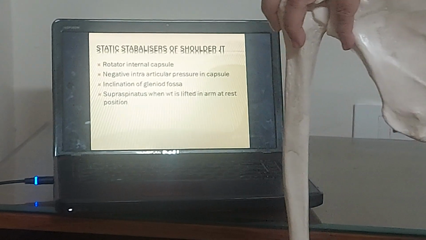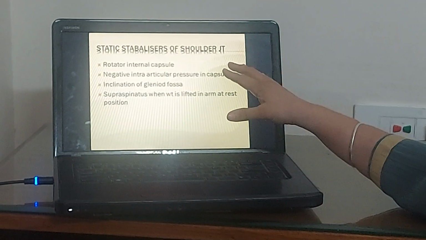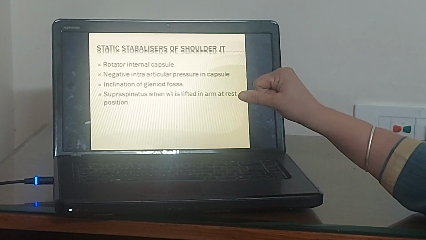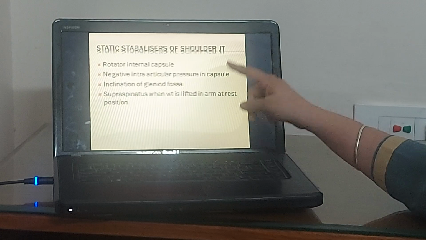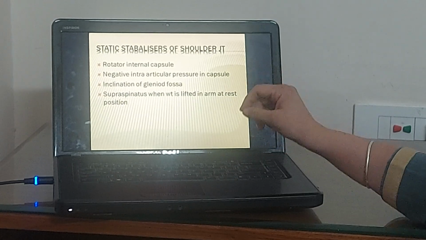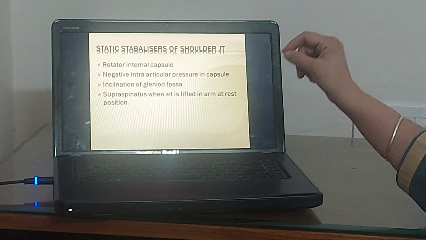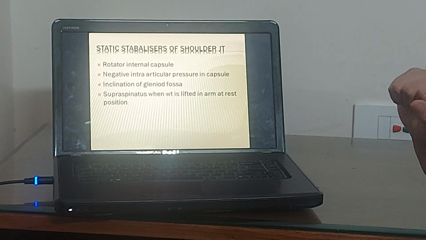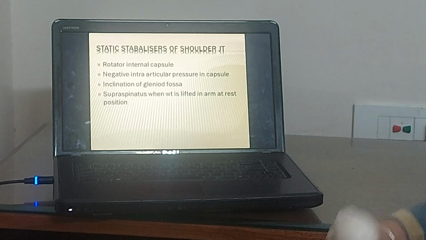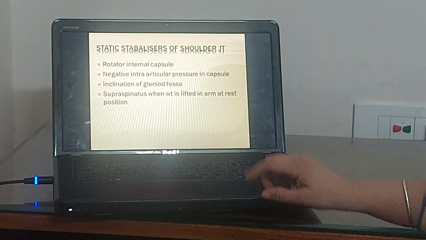So that means when there is no motion, or when muscle contraction is not taking place, or when the shoulder joint is at rest, the rotator interval capsule, the negative intra-articular pressure of the capsule, and the inclination of the glenoid fossa are responsible for holding the head or making the joint congruent. And if in this position you are holding some weight, then supraspinatus comes into play.